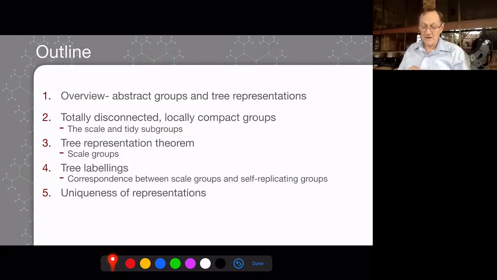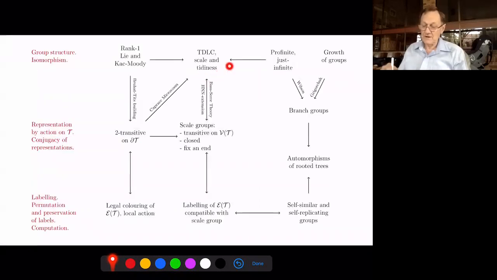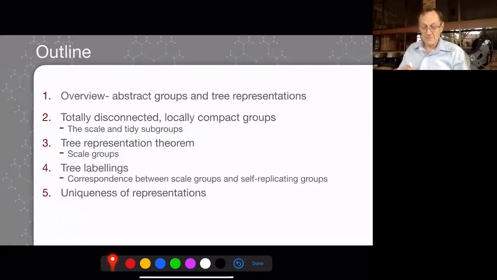These are the groups on the first row here and in the middle column of this table. After that, I'll say something about the tree representation theorem, that is representations of some of these groups as acting on trees. And this is where the notion of scale group will come in.